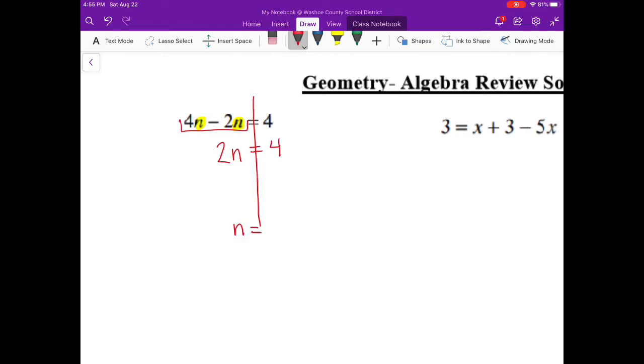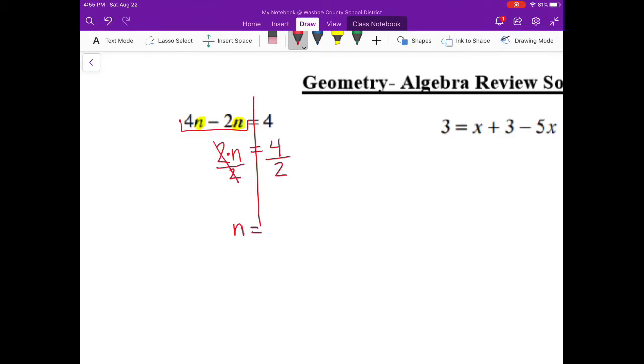Then I need to look at what is next to my variable that I'm still trying to solve for. So when there's nothing between the number and the letter, this indicates multiplication. It's invisible, but that's what it means. So think about the opposite operation of multiplication, and that's going to be division. So I'm going to divide both sides by the number I want to get rid of. In this case, that number is going to be 2.